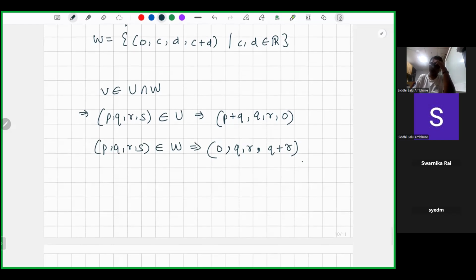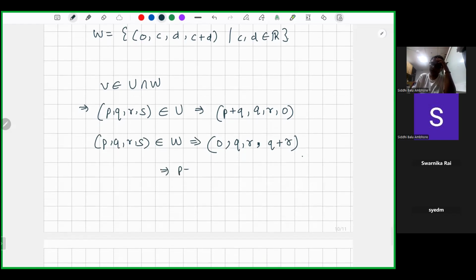If I equate, this implies P plus Q is 0, and Q plus R is equal to 0. So P is equal to minus Q and R is equal to minus Q.